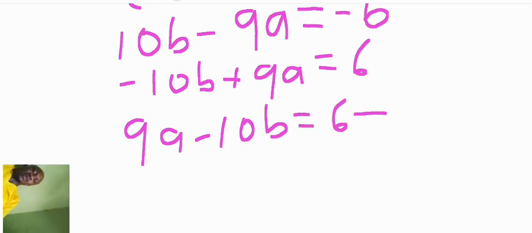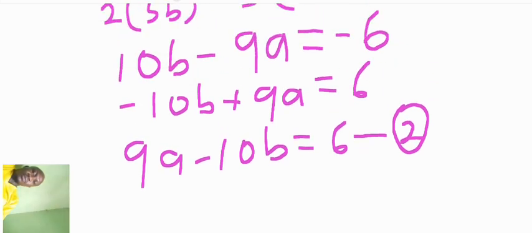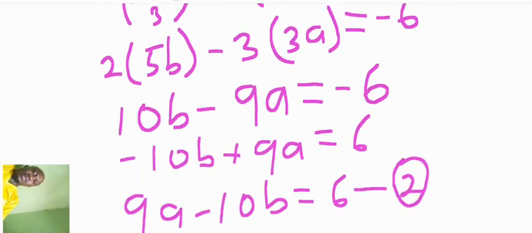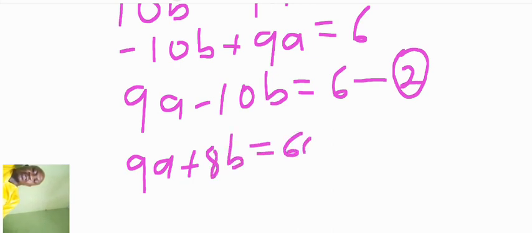So this is now my new equation 2. So it means that our equation 1 now is 9A plus 8B is equal to 60. This is my equation 1 now.